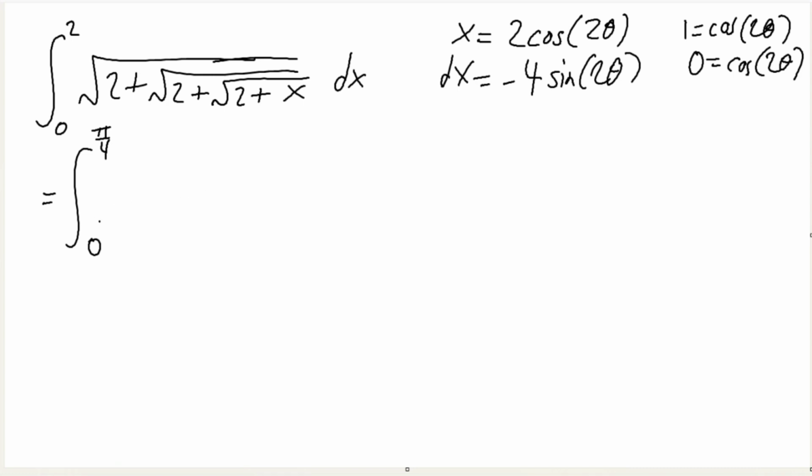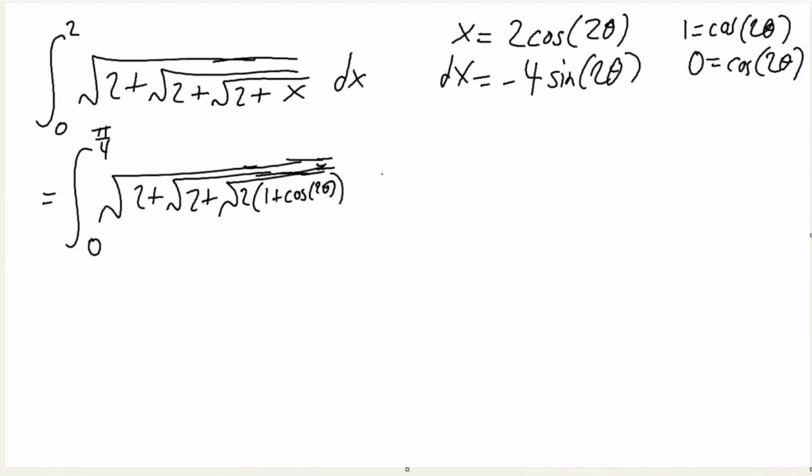Okay. So now we have this, and then what is this? 2, and then we have 1 plus cosine 2 theta, right? And then times 4 sine 2 theta.